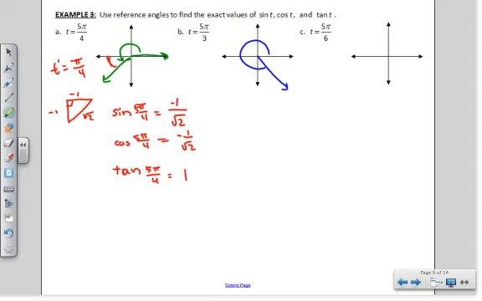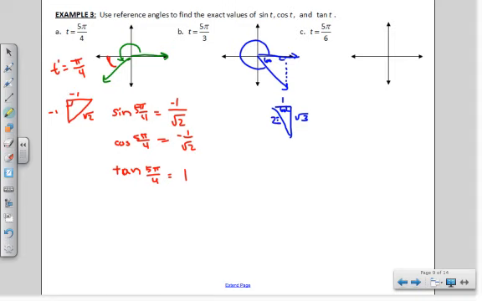And if we draw our 30, 60, 90 triangle in the orientation it would be in that quadrant, we know that if this is our 60-degree angle, this side is square root of 3, this side is 1, this side is 2, and we're in quadrant 4.